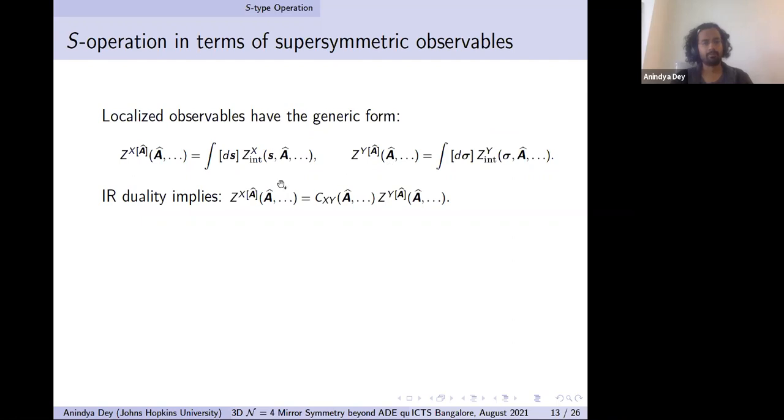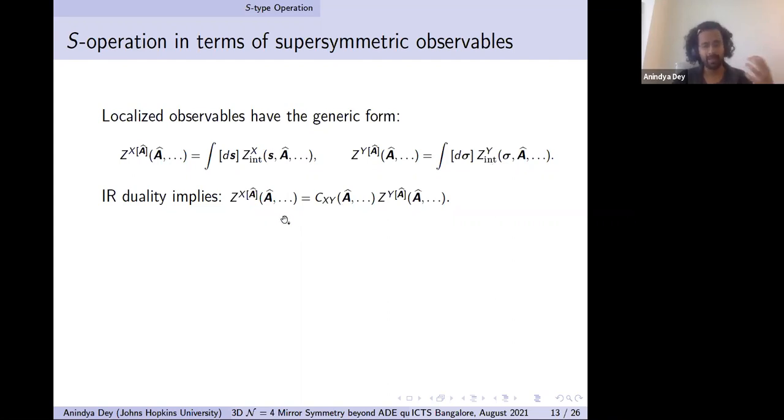So the theory X, as we learned earlier, has a partition function that is given by a matrix integral of this form, where the integrand could be simply written down from the gauge group and the matter content of X. And similarly, there's a matrix integral for Y, where the integrand could be written down from the gauge group and the matter content of Y.